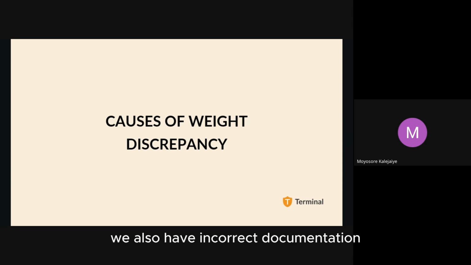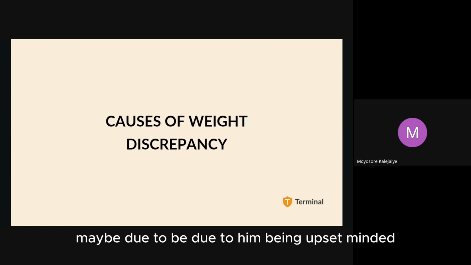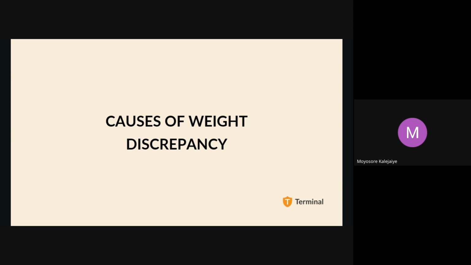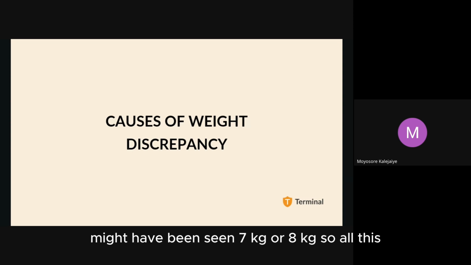We also have incorrect documentation. This would mean that while the shipper was going to input 5 kg while booking, maybe due to being absent-minded, he might have just made a mistake and written 7 kg or 8 kg.